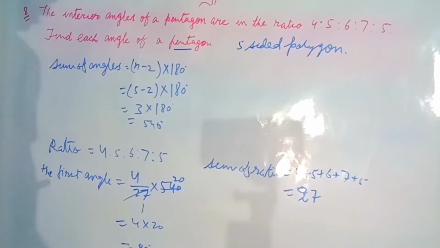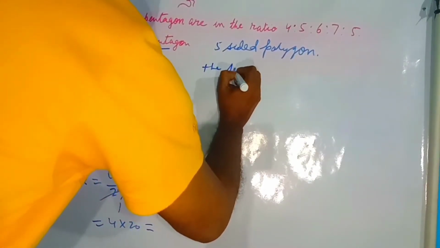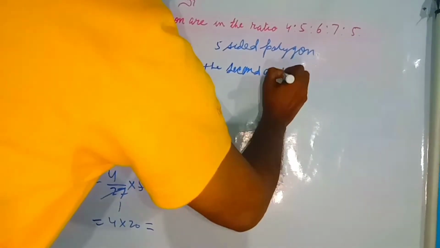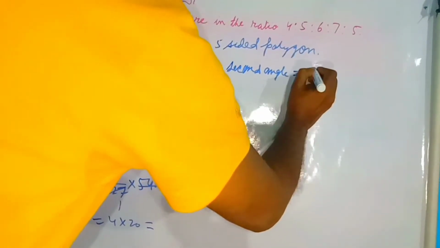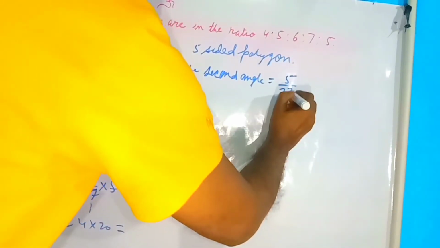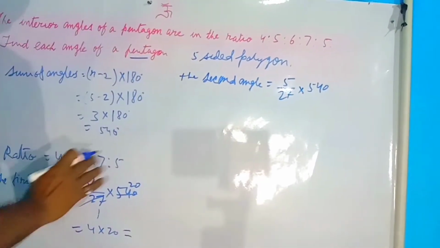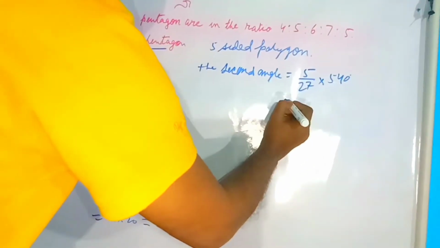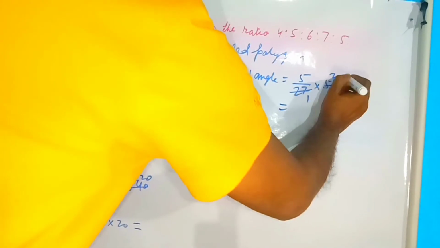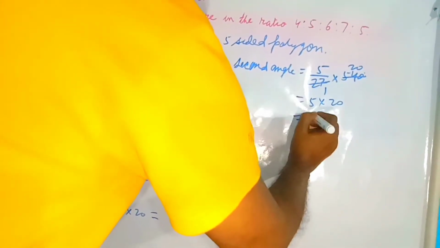Then the next one, the second angle. The second angle is 5 by the sum of ratio 27, into the sum of angles that we have already got, 540 degrees. Once again we cancel: 27 times 1 is 27, and 27 times 20 is 540. Now we have 5 into 20, that means 100 degrees.